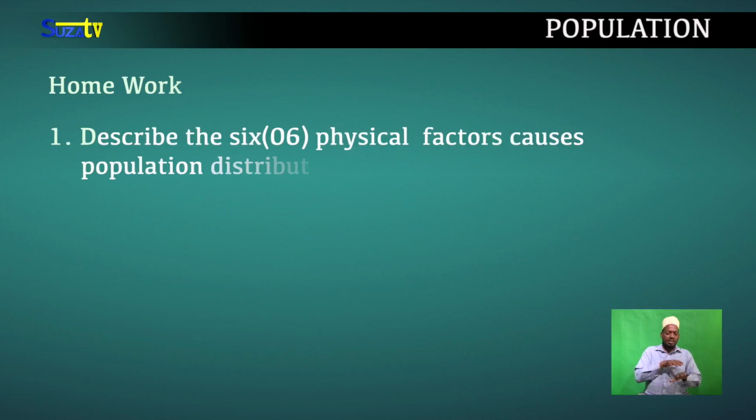Also, I give some questions, my dear students, concerning our topic today, as your homework. These questions you can answer together in the next lessons. Question one: as a Form 4 student, describe the six physical factors that cause population distribution in Tanzania.